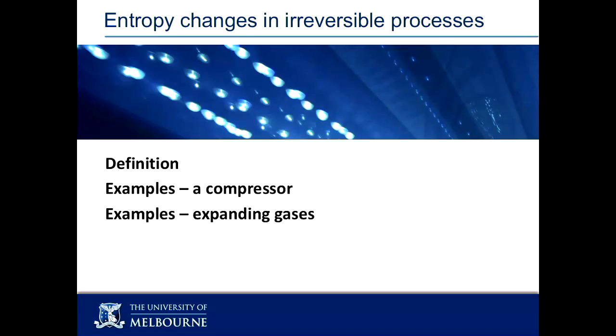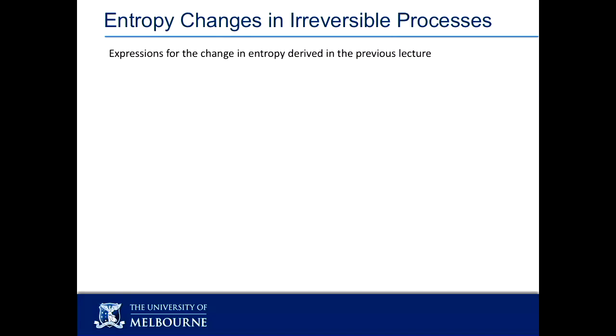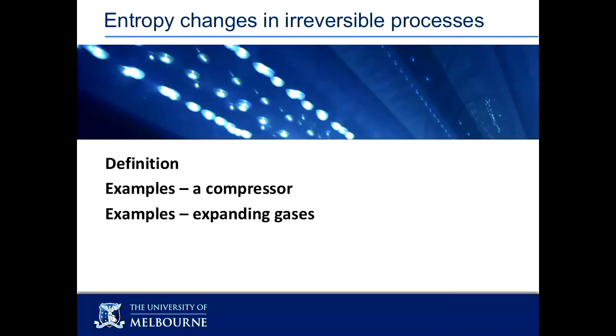So we're going to have a look at those. We're going to have a look at two examples of how we could keep track of these losses, or the changes in entropy. One of them for a compressor, and one of them for expanding gases.